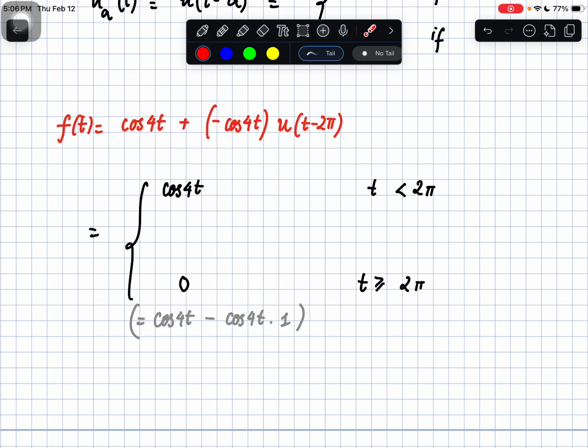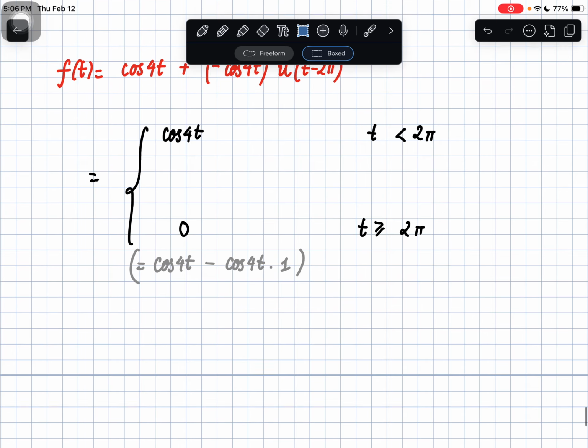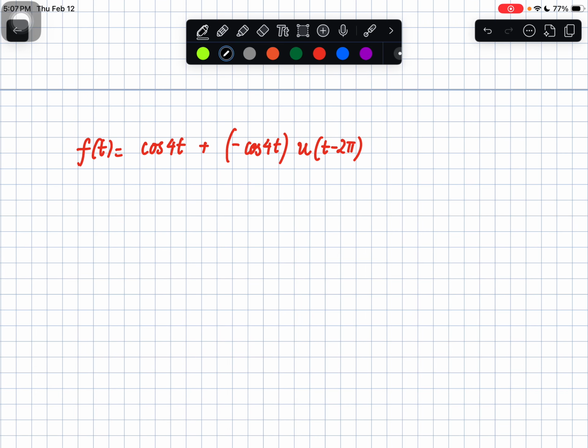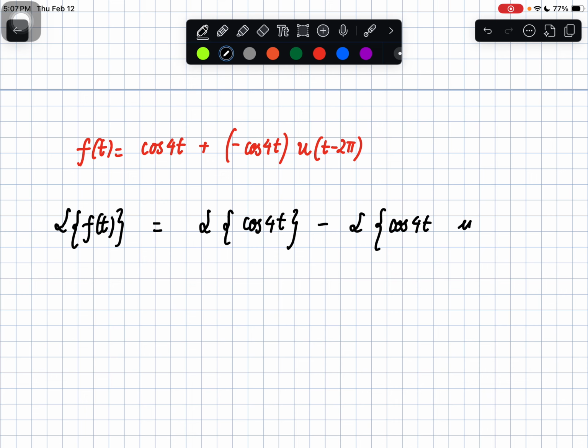We will compute the Laplace transform of this one. Laplace transform of f(t), by linearity, I can do it as the Laplace transform of cos(4t) minus the Laplace transform of cos(4t) u(t − 2π).